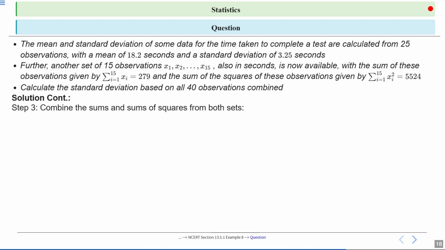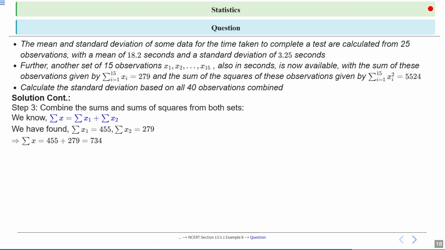Now step 3 is to combine the sums and sums of squares from both sets. So we know summation x equal to summation x1 plus summation x2. We have found summation x1 is 455 and summation x2 is 279. Then it implies summation x is 455 plus 279. This is equal to 734. We know that summation x square equal to summation x1 square plus summation x2 square.